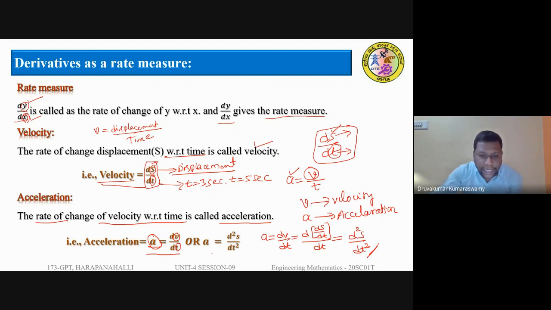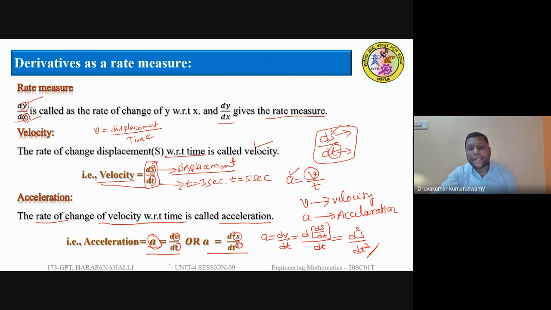So acceleration can also be written as d²s/dt². Acceleration is the differentiation of velocity with respect to time, or the double differentiation, that is 2 times differentiation, of displacement with respect to time.